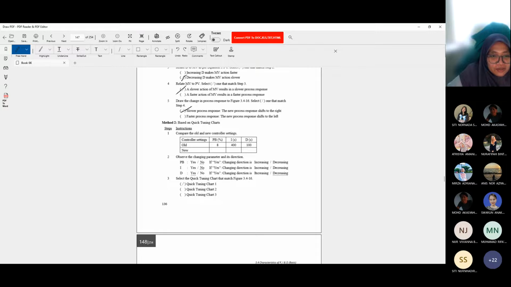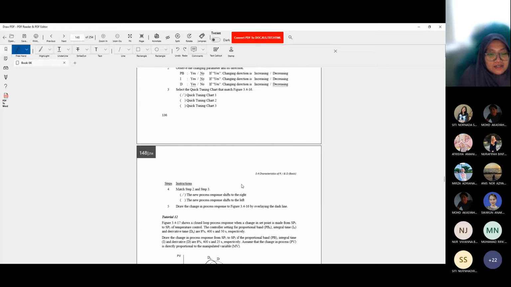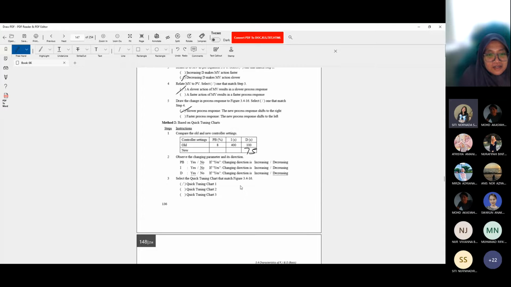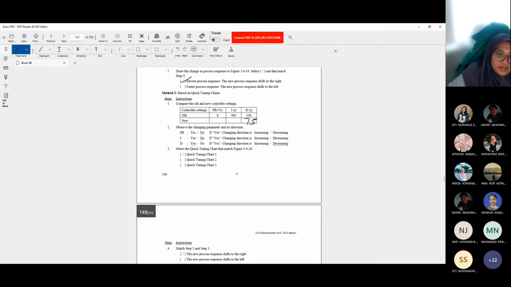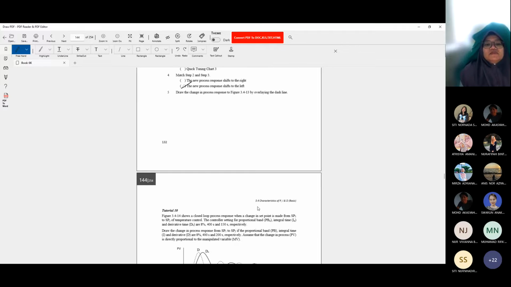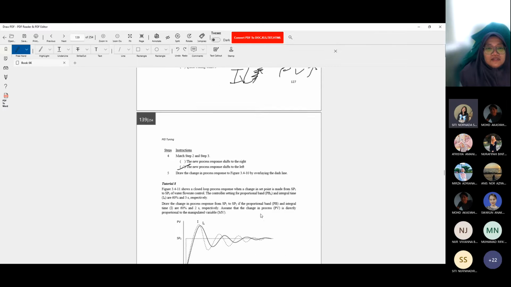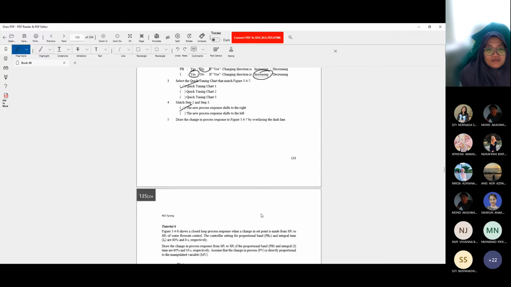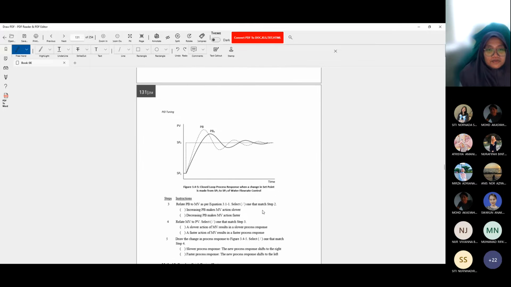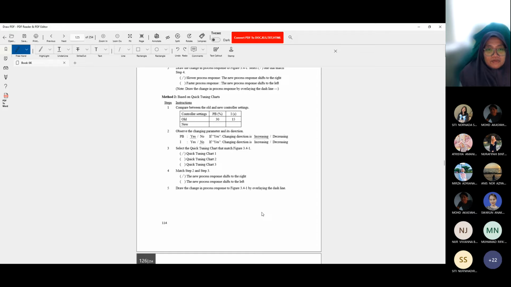Okay. Based on tuning chat. Okay. Directly bagi answer. You dapat apa? Dapat tuning chat 1. Okay, tuning chat 1. And then, based on tuning chat 1, your D tu bila you increase, dia punya pergerakan tu, shift to the right. Increase the shift to the right lah. You boleh tengok je, I buka balik chat 1.